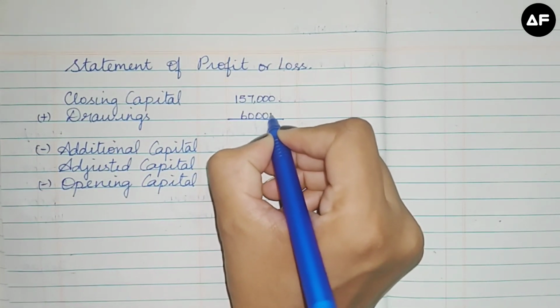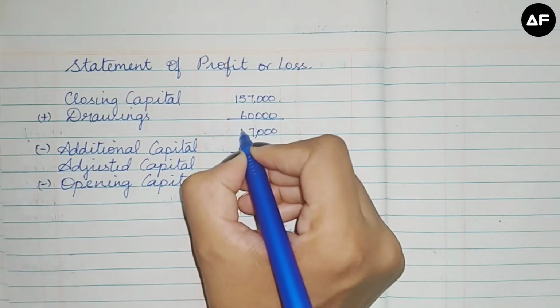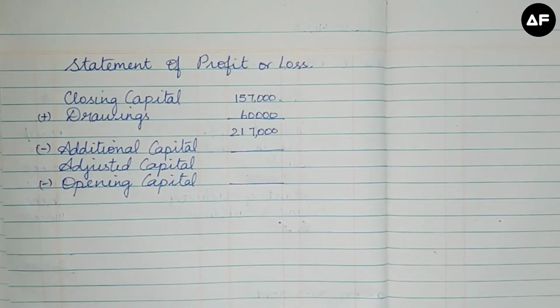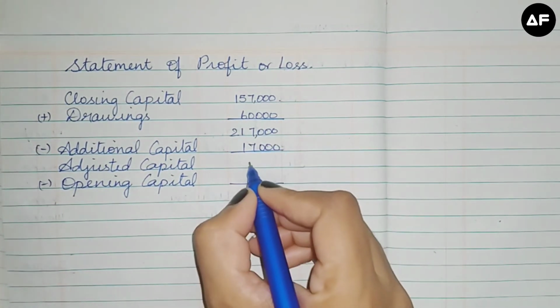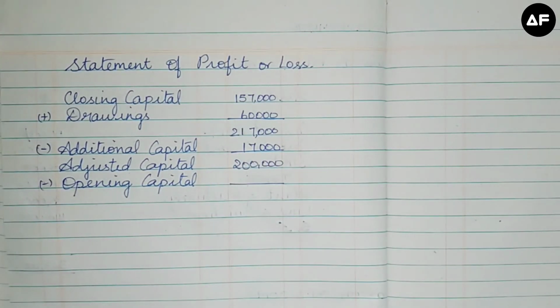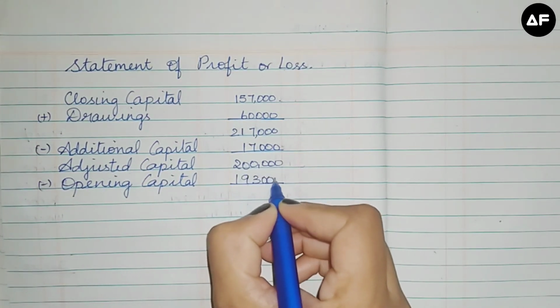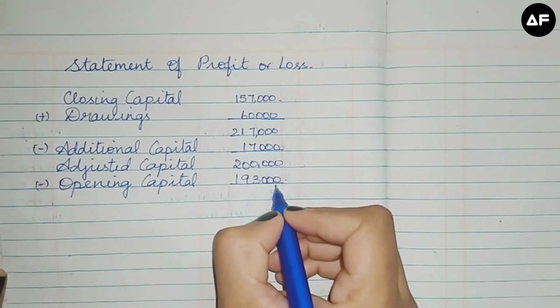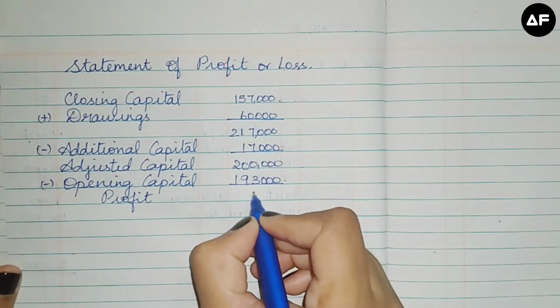When you add 1,57,000 and 60,000, you're going to get 2,17,000. The additional capital which he has introduced is 17,000. Now we're going to subtract this too. So that's going to be 2 lakhs. This 2 lakhs is the adjusted capital. Now the opening capital which we found out as per the sum is 1,93,000 only. When you subtract 1,93,000 from 2 lakhs, you get a profit of 7,000.